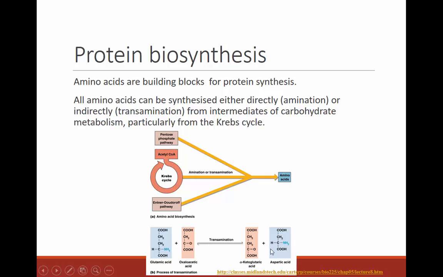And so with the transamination, you just basically change things around, change where that NH2 is. Okay, so if you start with glutamic acid and you add another substrate, you can get a change with that amino acid being put onto another molecule, and therefore that makes a different amino acid.